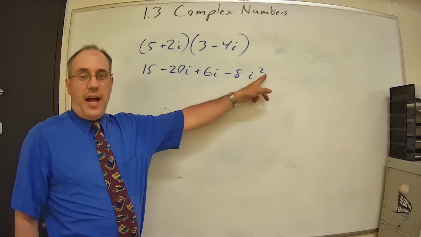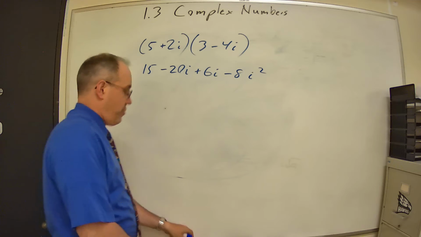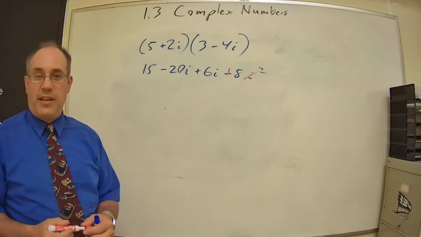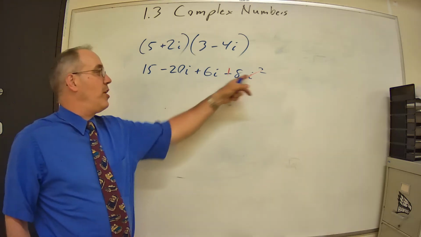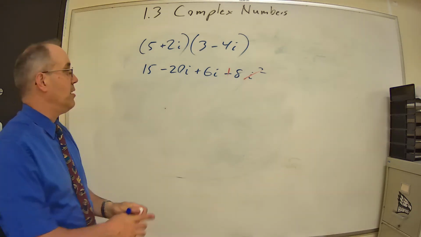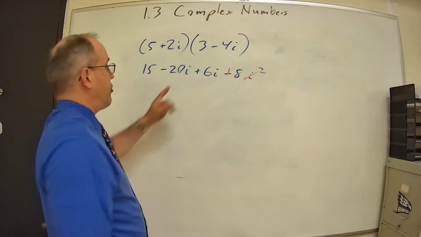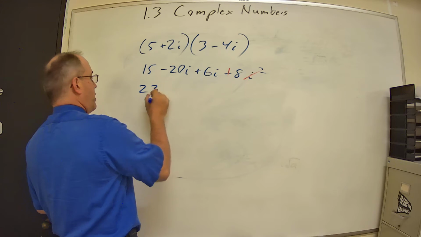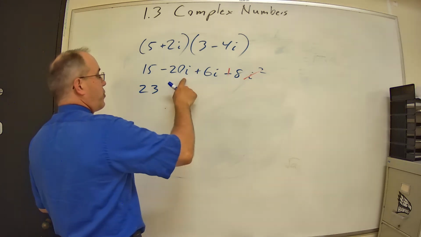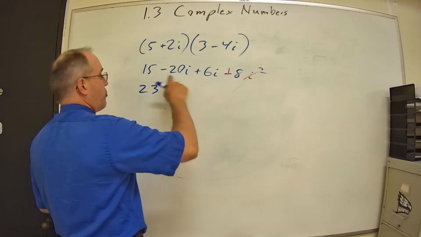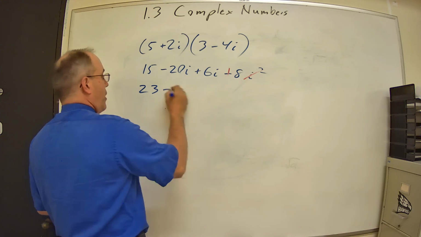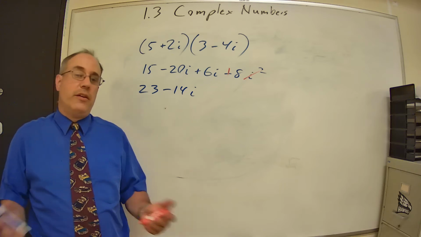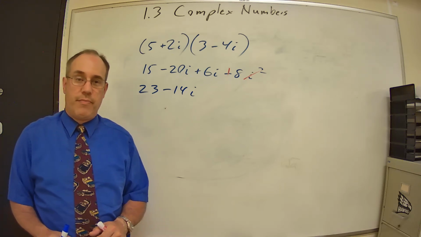So now remember, this i squared is going to turn into -1. If you have minus 8 times -1, then that's the same as plus 8. So now I can combine like terms. 15 plus 8 is 23, then minus 20i plus 6i, so minus 14i. And we just multiplied two complex numbers.